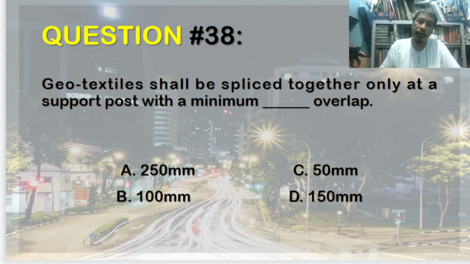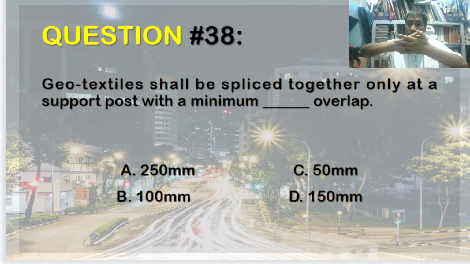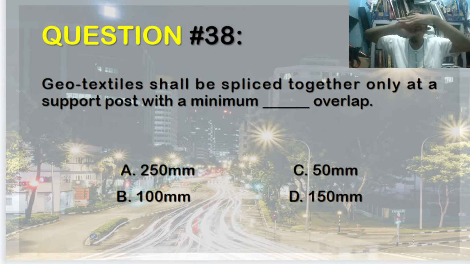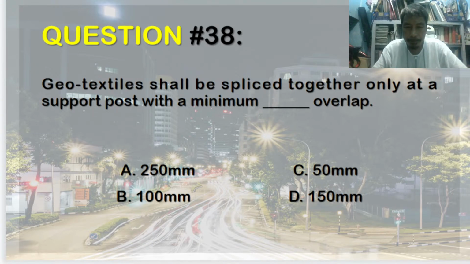Okay? So, geotextile shall be spliced. In our local dialect, dugtungan. Gaano yung overlap sa dugtungan? So, ganyan. May dugtungan sila. Okay? Gaano yung length ng overlap? Okay? So, geotextiles shall be spliced together only at a support post with a minimum blank overlap.